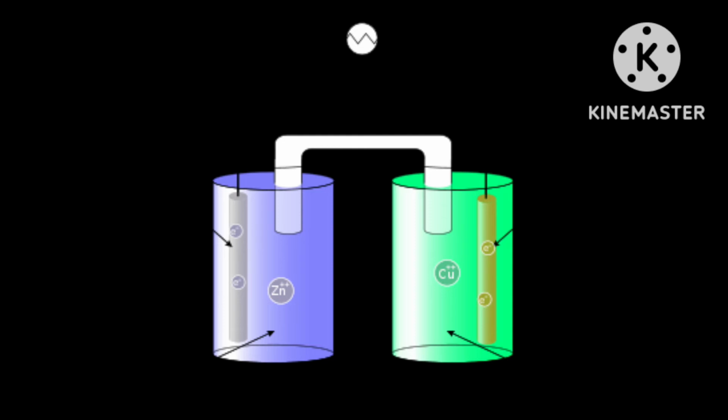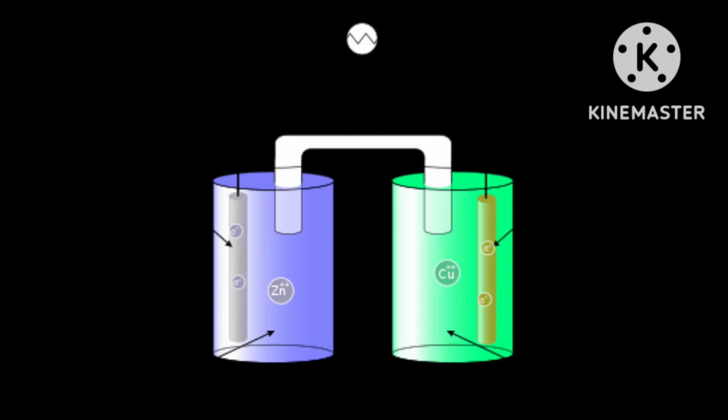Then I was talking about the electrode. What is an electrode? It is a metal strip or metal rod. It has two types of tendency. The first tendency is that some metals have a tendency to lose electrons when dipped in a solution having the same ion. For example, as I told you, Zn in ZnSO4.